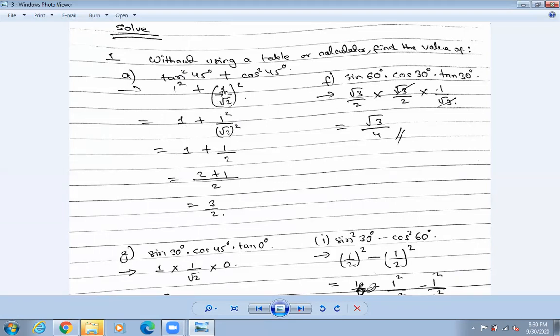The square and square root cancel, so it will be 2 only.